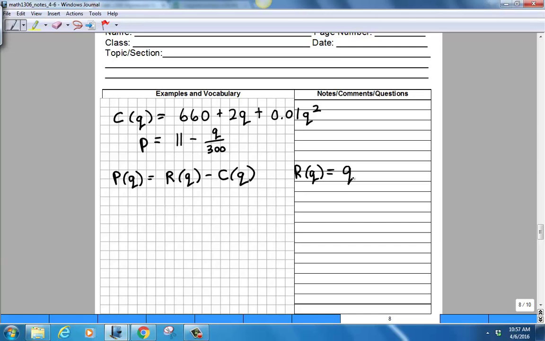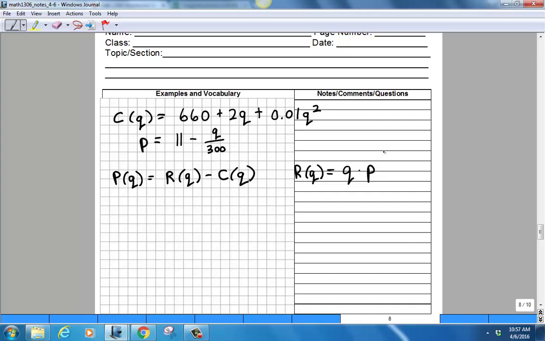Think of quantity of demand, Q for quantity, okay? So to calculate revenue, you take the quantity that you sell times the price for each item, right? Isn't that pretty straightforward? You multiply the quantity you sell times the price of each item, and that's the revenue you're going to generate, okay?